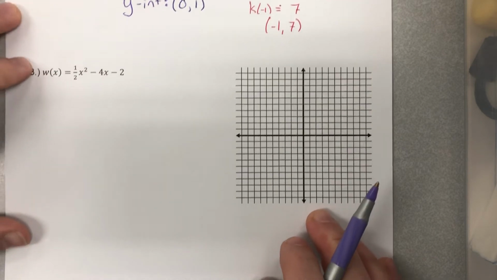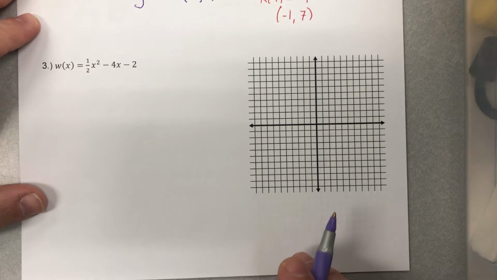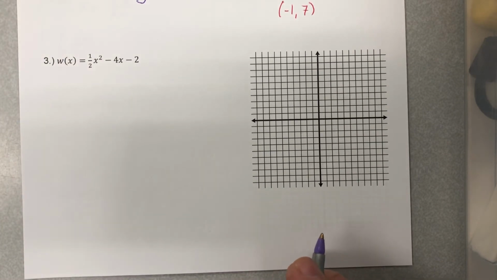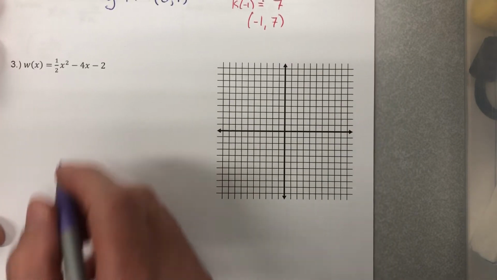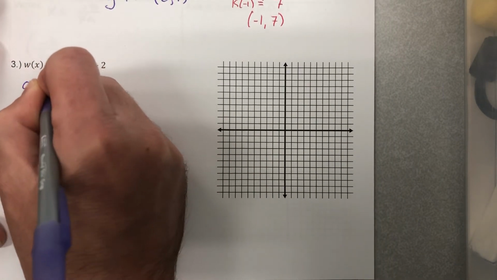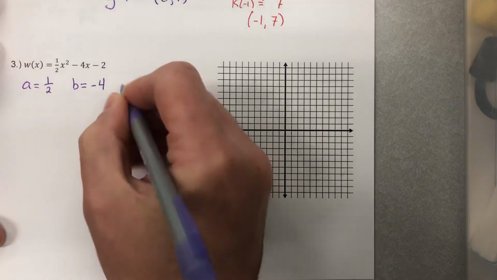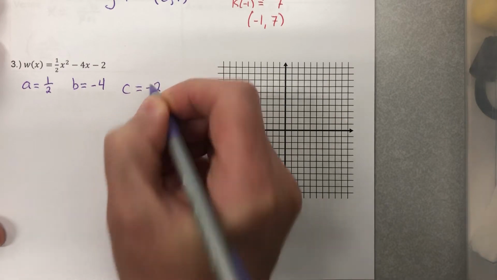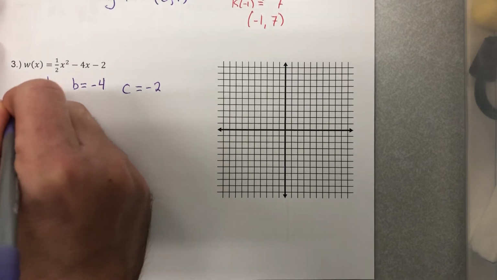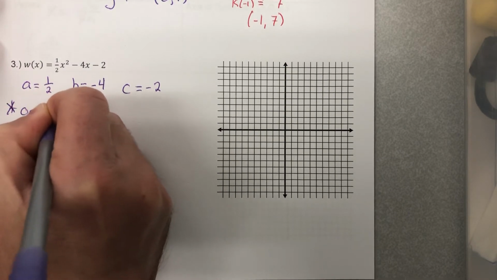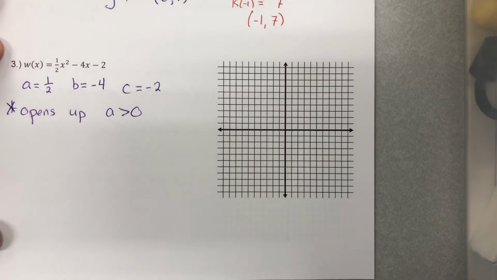Our last example for today is down at the bottom, and it says w of x equals 1/2 x squared minus 4x minus 2. I'm going to start off by saying, well, my a value in this case is 1/2, my b value is -4, and my c value is -2. This parabola is going to open up because a is greater than 0.